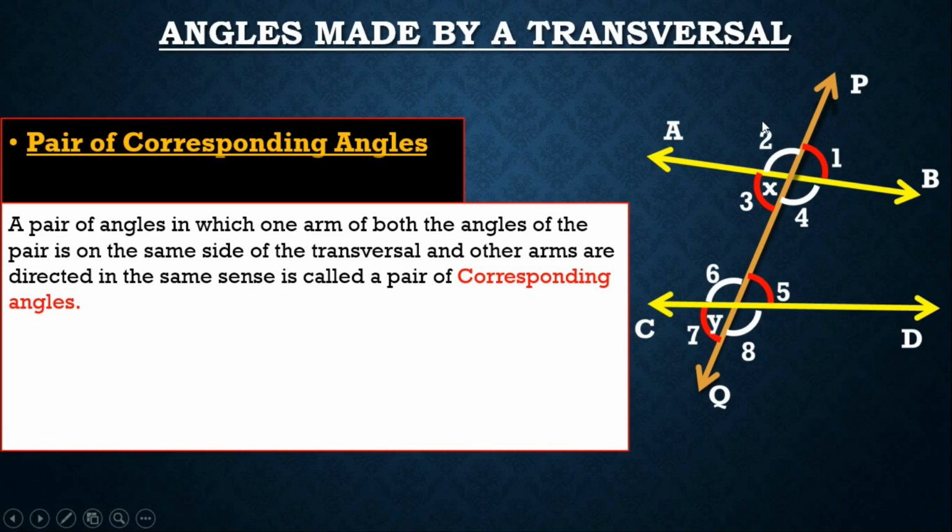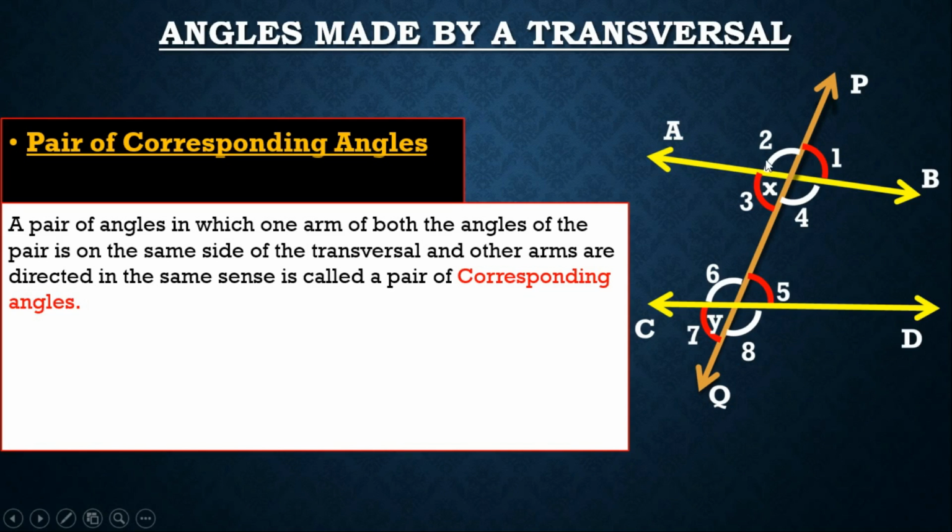The arms of angle AXP are AX and XP, and the arms of angle CYX are CY and YX.